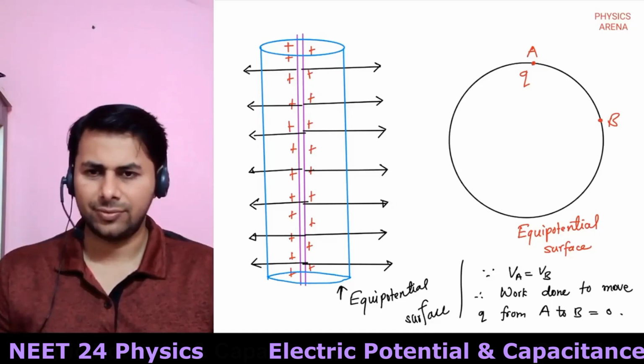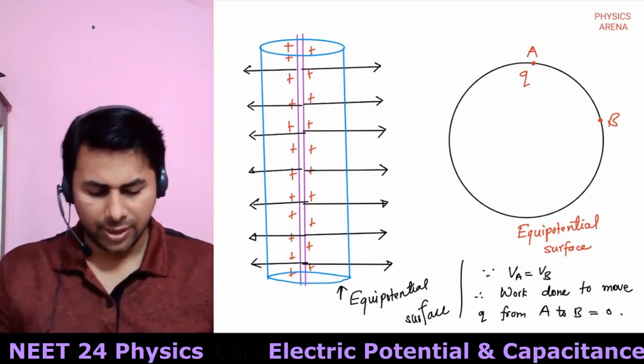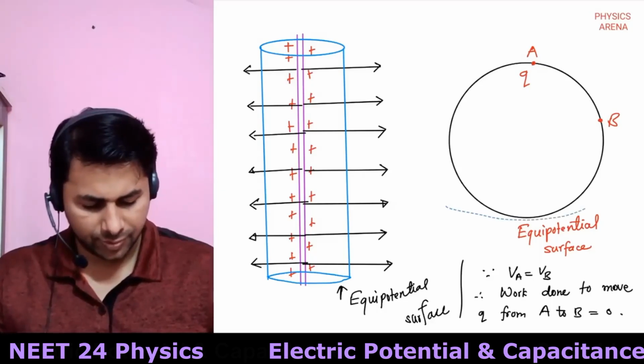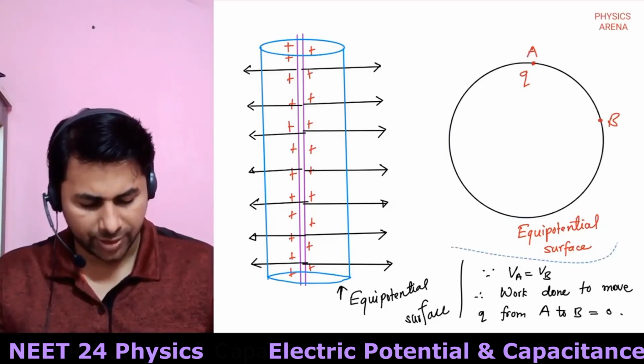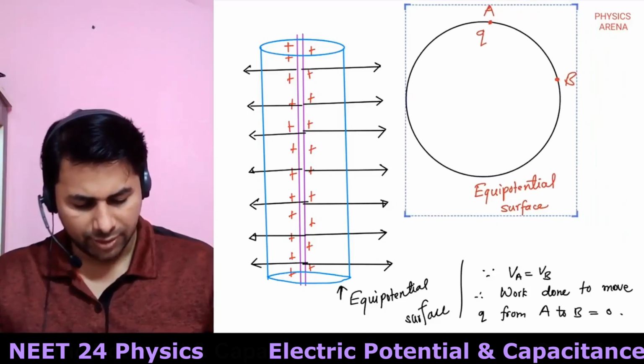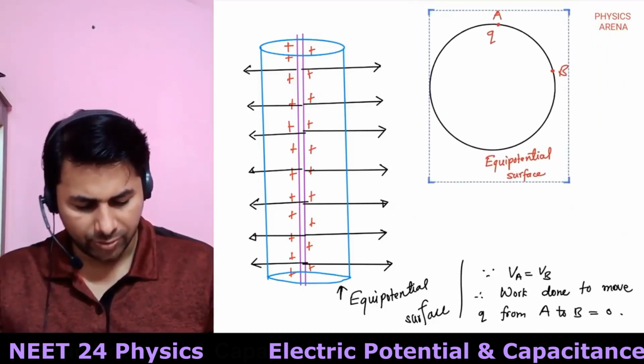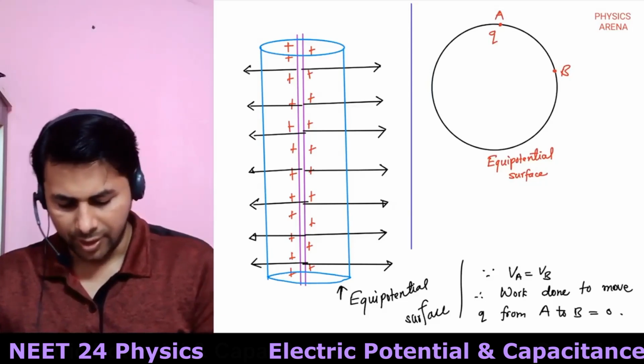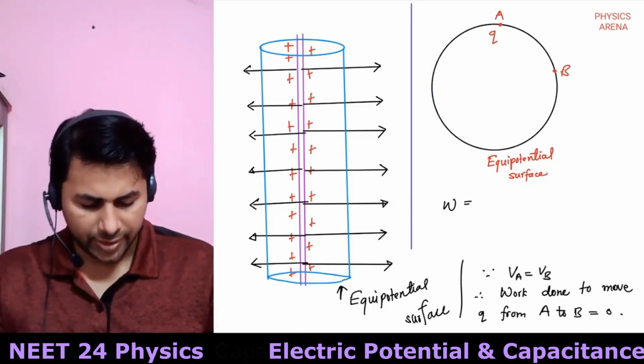Got it? Yes, no? This is an equipotential surface, and on it you want to move the charge from A to B. So how much is the work done?